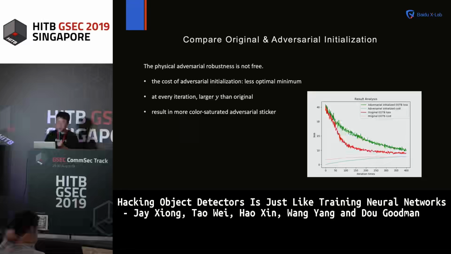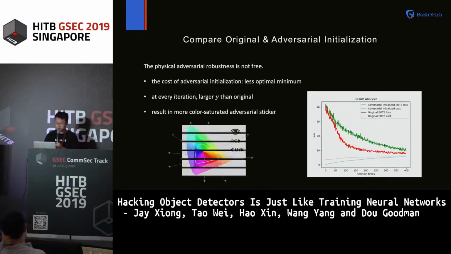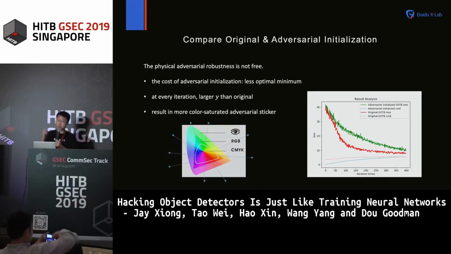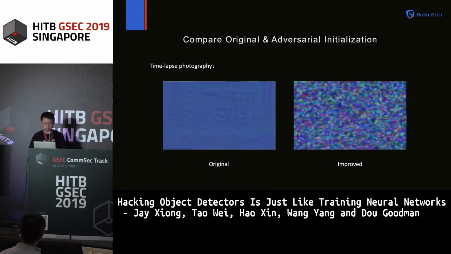But after every iteration, we have a larger Y, which results in a more effective perturbation. And in this way, the sticker itself may have more color, maybe more colorful, because it spreads from the starting point to the other color space.